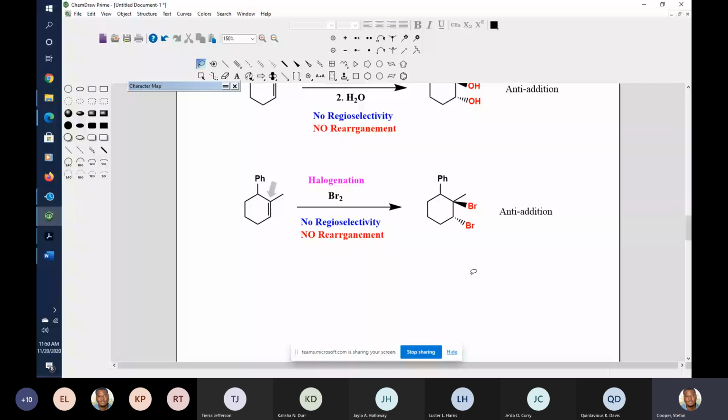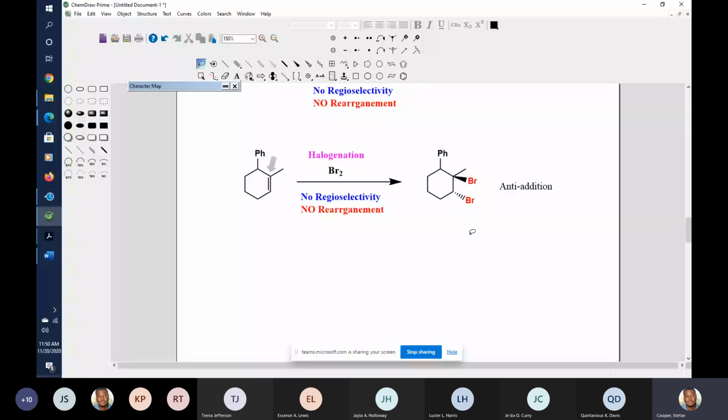You need to know that Br2 or any halogen would add across double bonds in an anti-addition format. Okay, I'm checking my sheet here to see if there's anything else that I missed with alkenes. There are some more reactions, I have to switch to a triple bond here shortly.